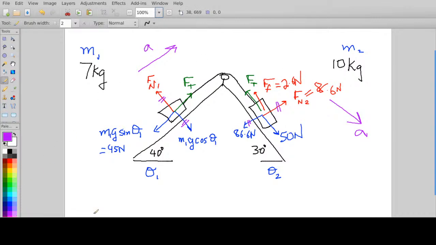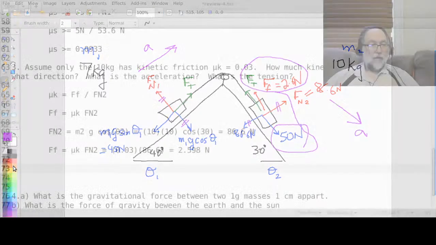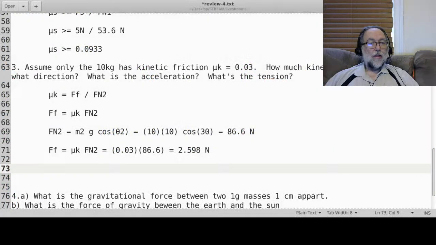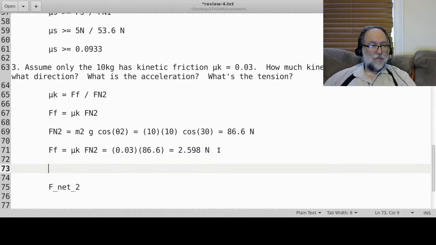So once again, this 50 newtons is competing against the 2.6 and Ft. And so F net is going to be 50 minus the Ft, but also minus the 2.6. So over here, F net for number 2. I guess at this point, what I should probably do is say we're doing the free body diagram for M2, which is the 10 kilogram.